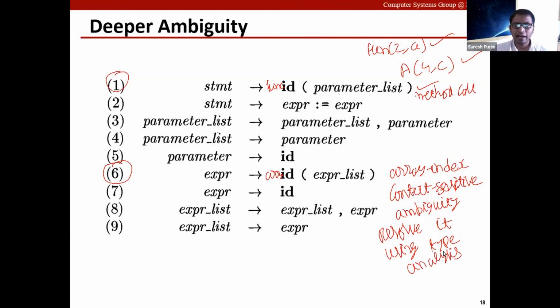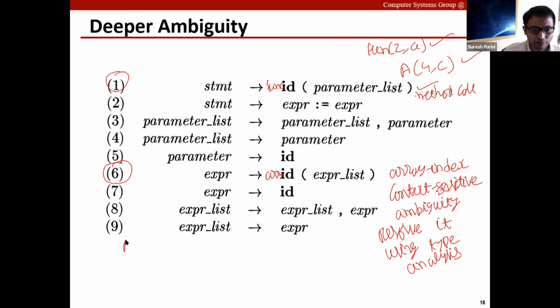The other way of handling this is you just let it go through the syntax analysis phase and construct an AST, and then you do an analysis on the AST and fix the ambiguities.